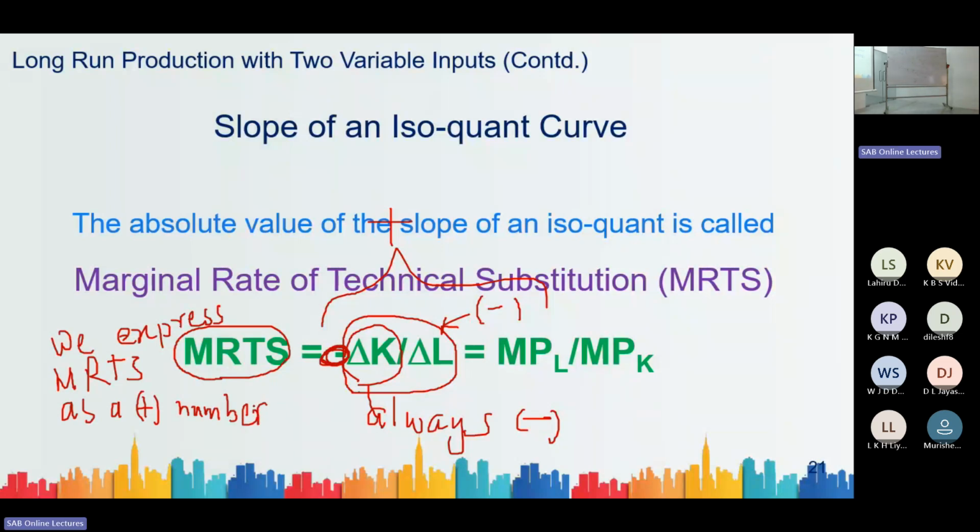So the negative slope should be multiplied by minus 1 all the time to express marginal rate of technical substitution as a positive number.